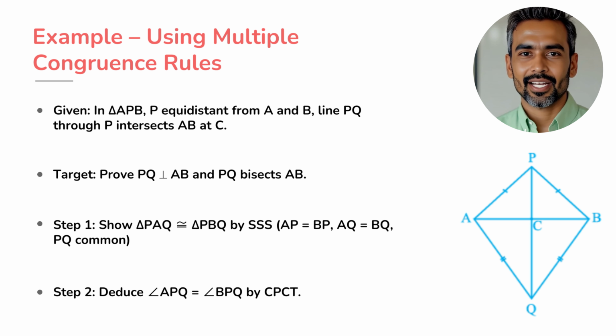First, let's compare triangles APQ and BPQ. Notice that AP equals BP, AQ equals BQ, and side PQ is common. So, by the SSS rule, triangle APQ is congruent to triangle BPQ. That directly gives us angle APQ equal to angle BPQ by the principle of corresponding parts of congruent triangles.